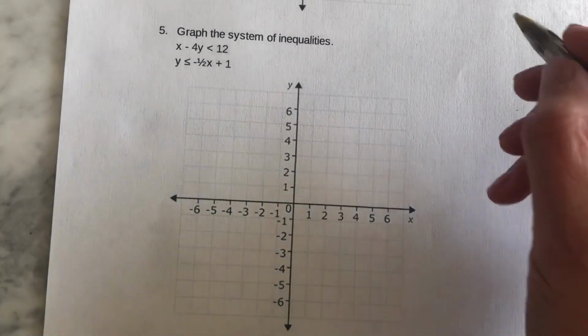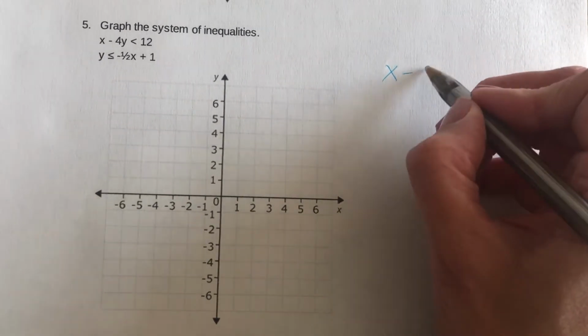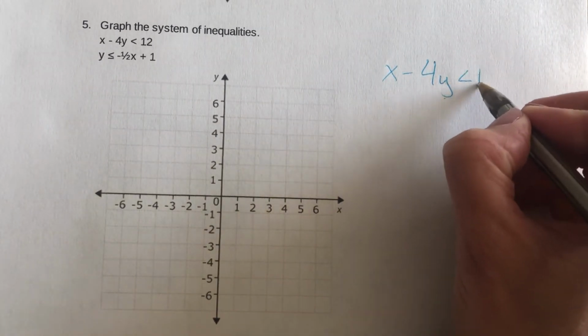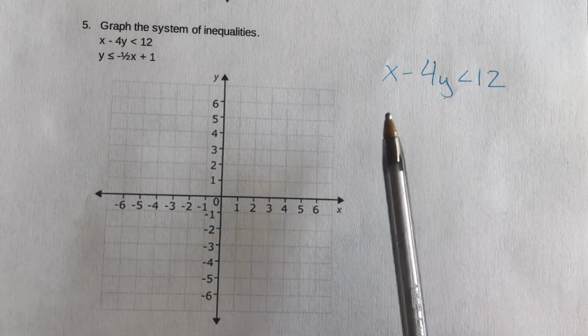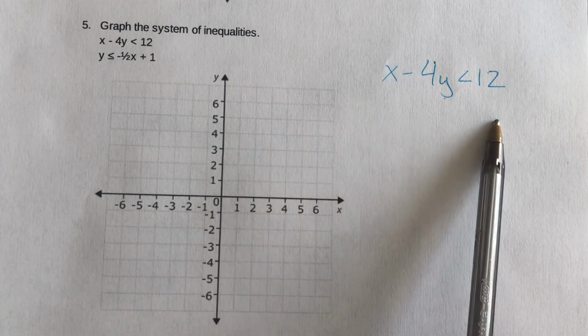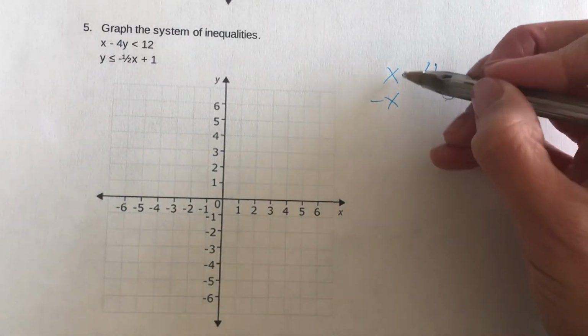So I'm going to rewrite it over here. And I'm going to get y by itself so it can be in slope-intercept form. So the first thing I want to do is move the x over. So I'm going to subtract the x from both sides.